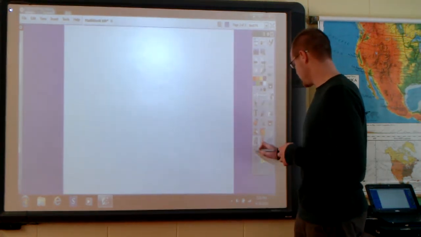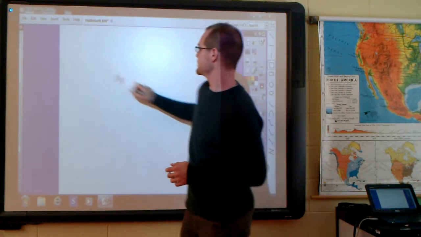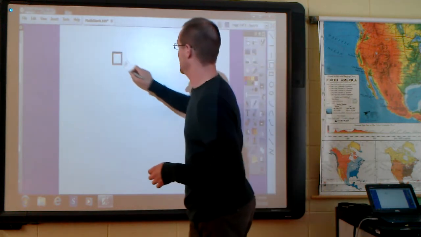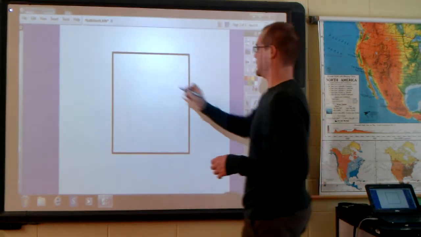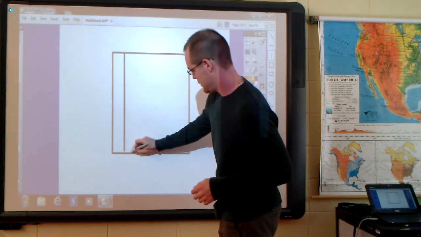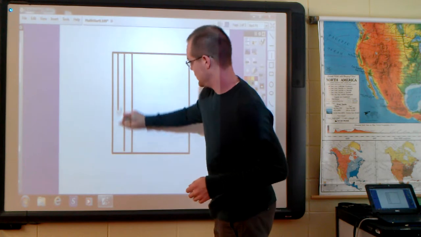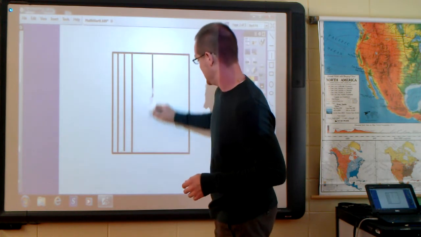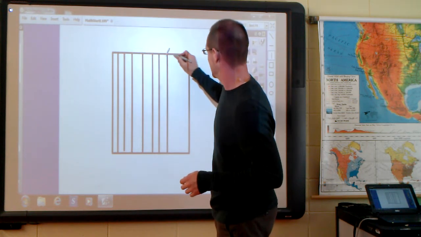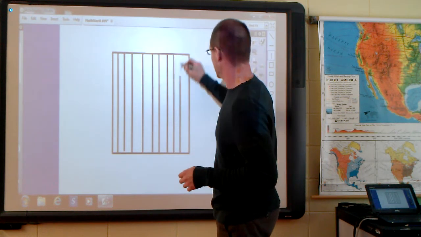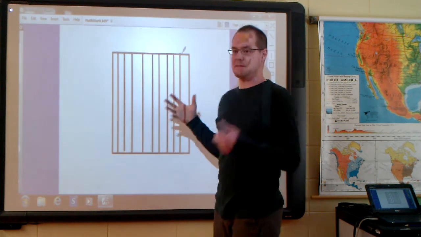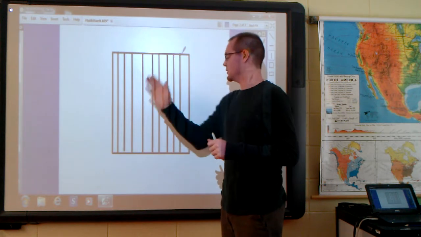Okay, using a picture to draw that. First I'll split this up into tenths. 1, 2, 3, so I have 1, 2, 3, 4, 5, 6, 7, 8, 9, 10 equal parts to this square.